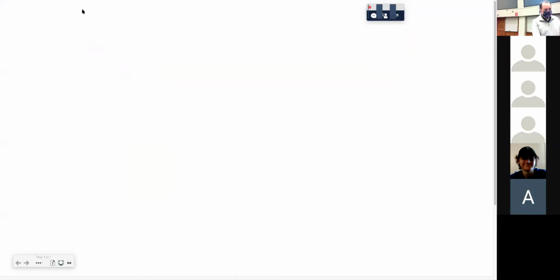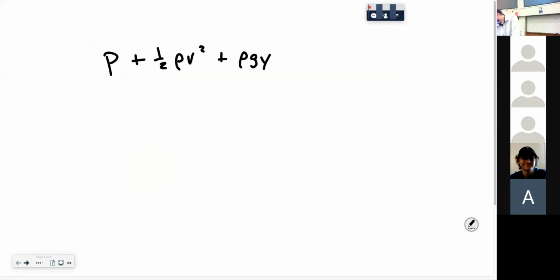So let's just think about Bernoulli's equation. P plus 1/2 rho V squared plus rho g y is a constant, is Bernoulli's number. So what does that mean? In some places we're changing velocities, and in other places we're changing y's. All of those things must also change P, right?